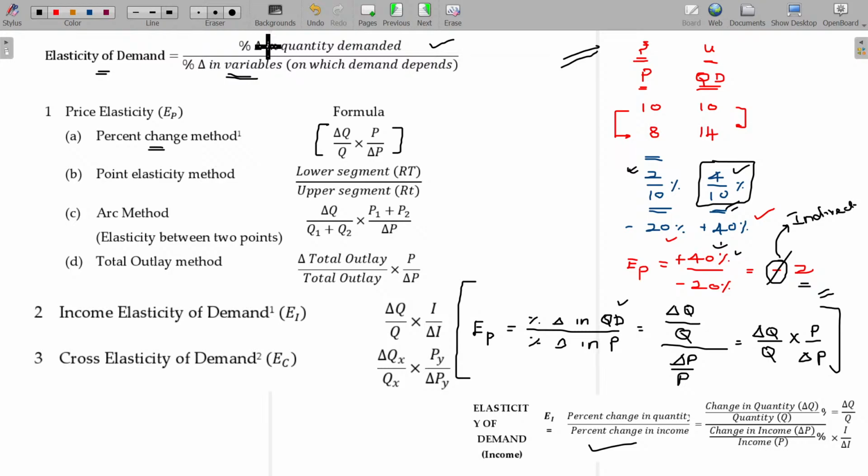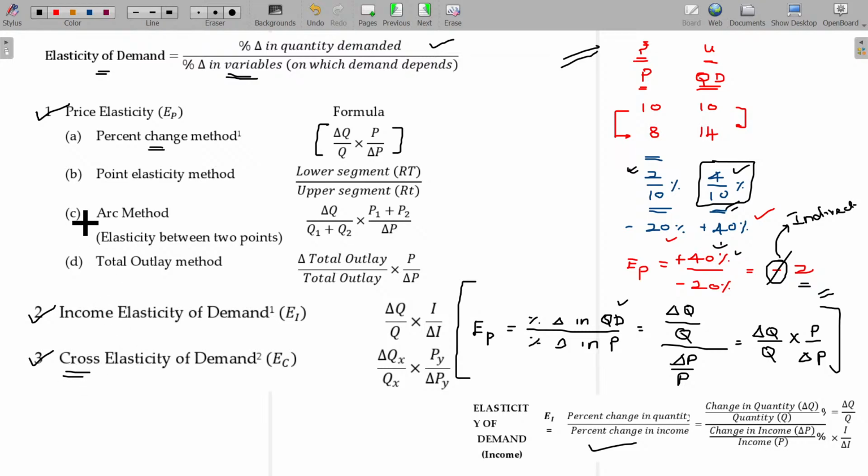Because of the changes in those factors, the changes in the quantity demanded are studied in elasticity of demand. But we will confine ourselves to price elasticity and income elasticity, as well as the impact of the price of related commodities, which is now named cross elasticity. So these are the three aspects I am going to cover here.